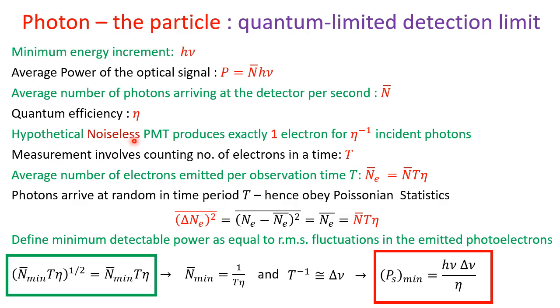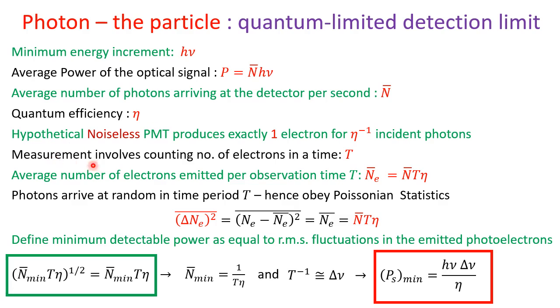So even in the best hypothetical noiseless situation, my detector, the PMT, the photomultiplier tube, produces exactly one electron for 1 over eta number of incident photons, right? That's a way to think about it.